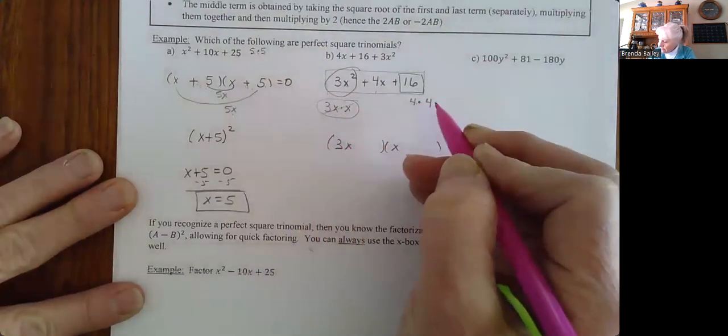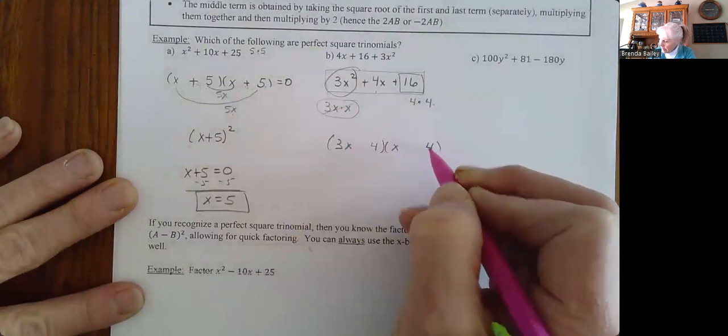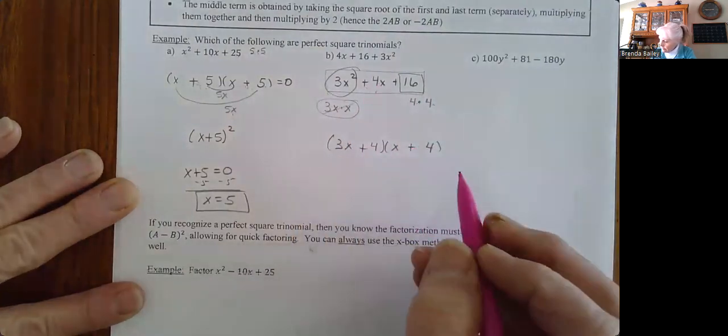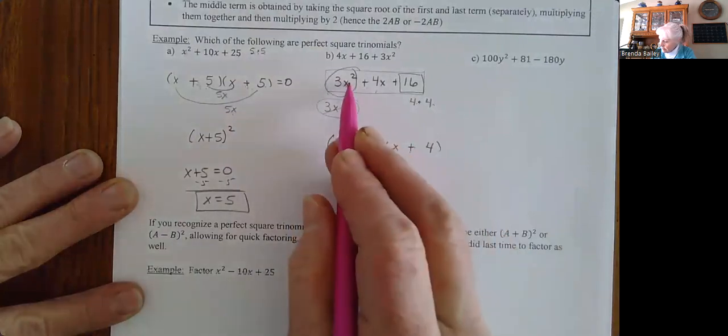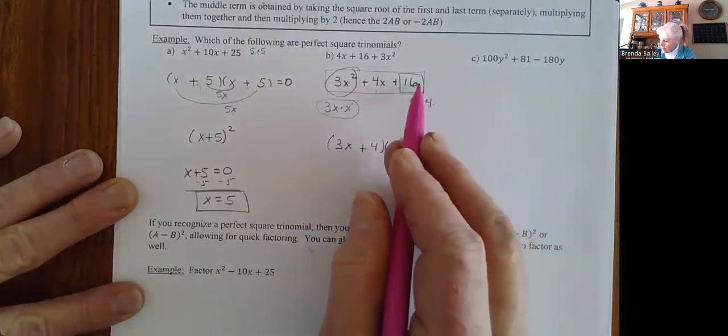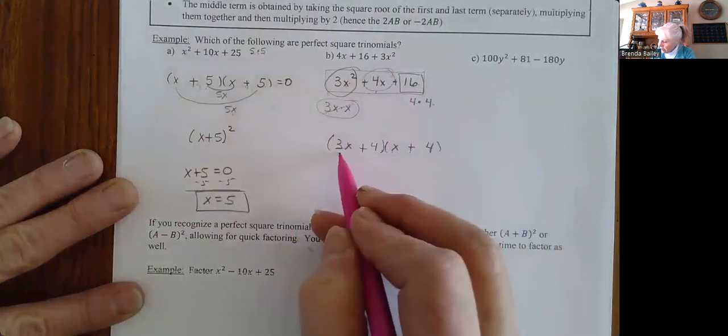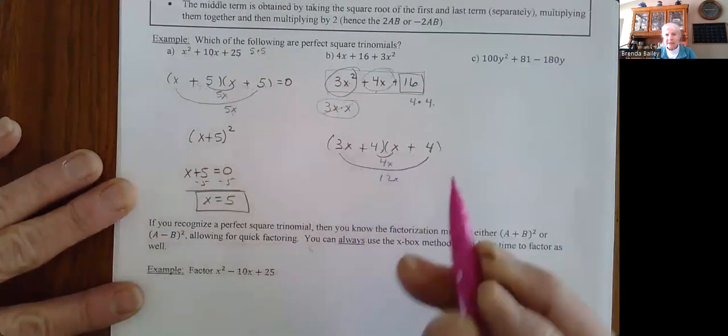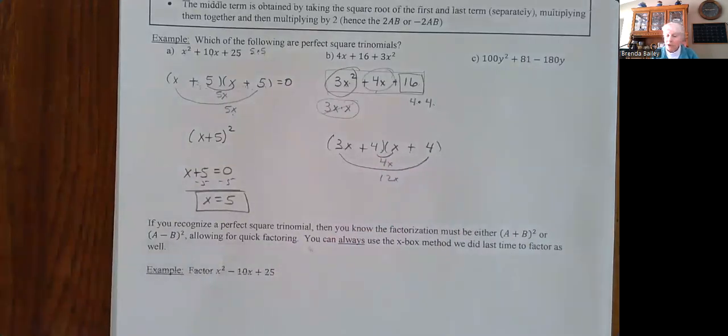If you were to try 4 and 4 and everything's plus, you get the first term, set it up, get the last term, it's part of the setup. Do you get 4x? 12x and 4x is 16x. You don't get 4x.